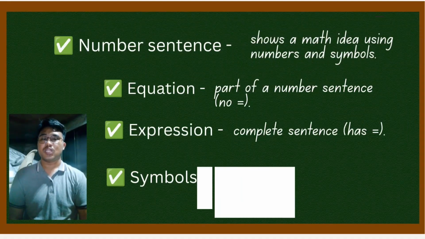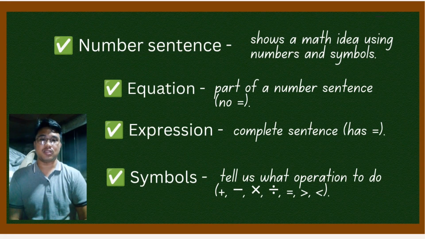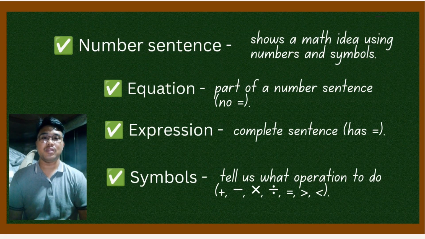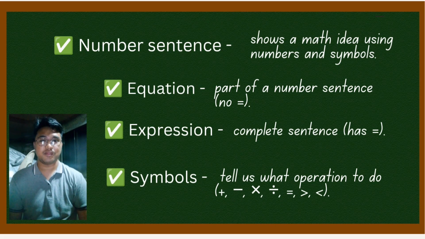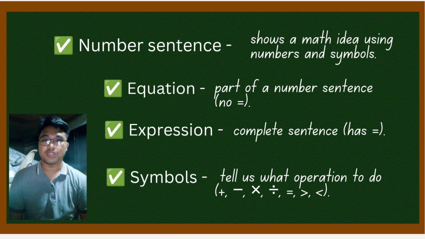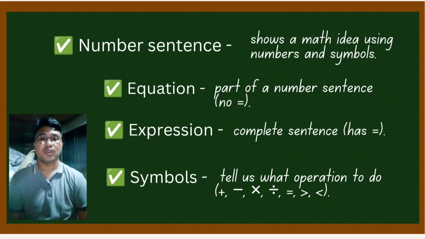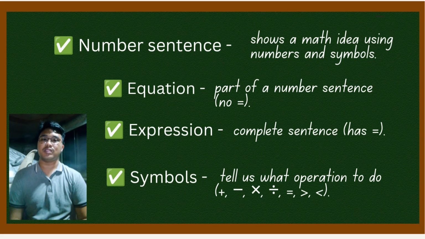Class, before we end our discussion, let us always remember that the number sentence shows a math idea using numbers and symbols. An expression is part of a number sentence that has no equal sign, and an equation is a complete sentence that has an equal sign.